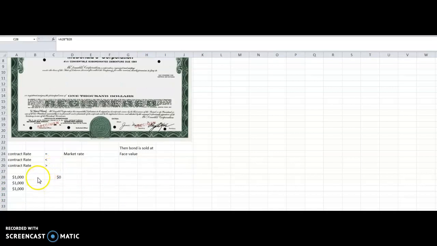And the way you'll see that in accounting is it was sold at 1, or it was sold at 100%. So you would say the 1,000 times 1 or times 100%, and that will give you the $1,000. Someone would give you $1,000 and you would pay interest for 10 years, and at the end of the 10 years you would give them back the $1,000. That is very easy to account for.